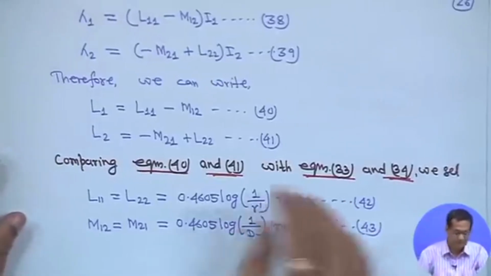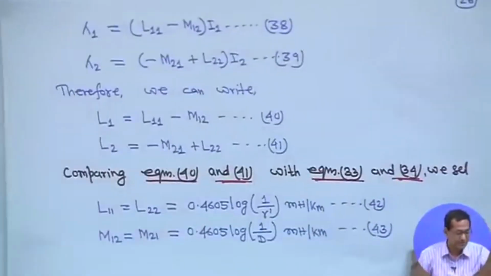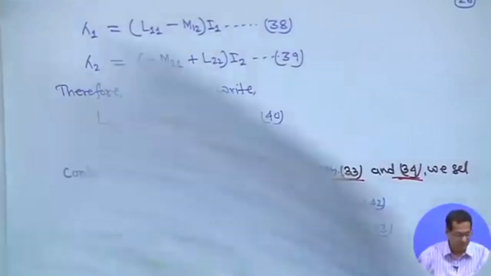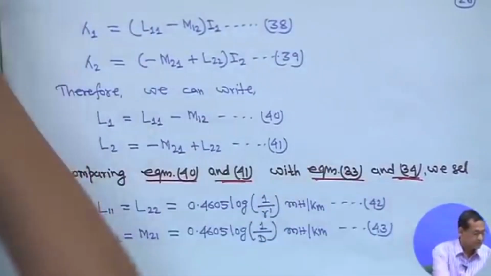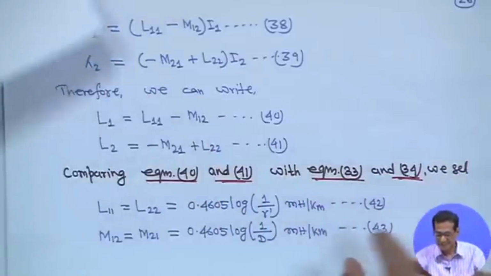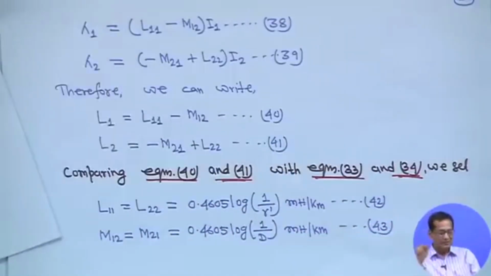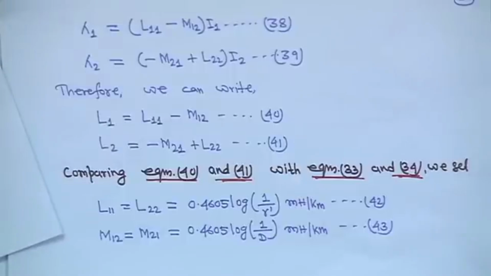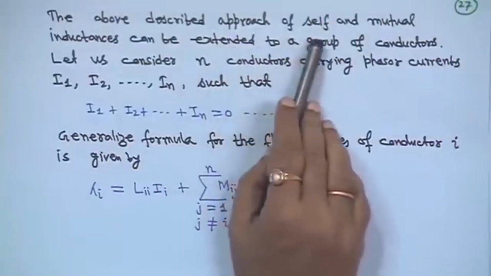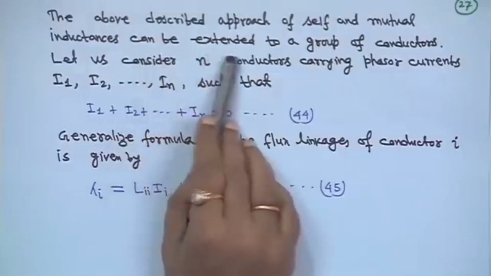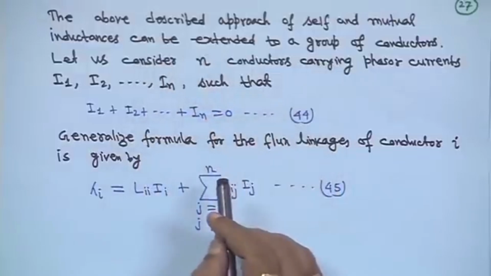Now, whatever we have seen for two conductors, one is going and the other is incoming. Now, if you have say n number of conductors, this above described approach of self and mutual inductances can be extended to a group of conductors, right.